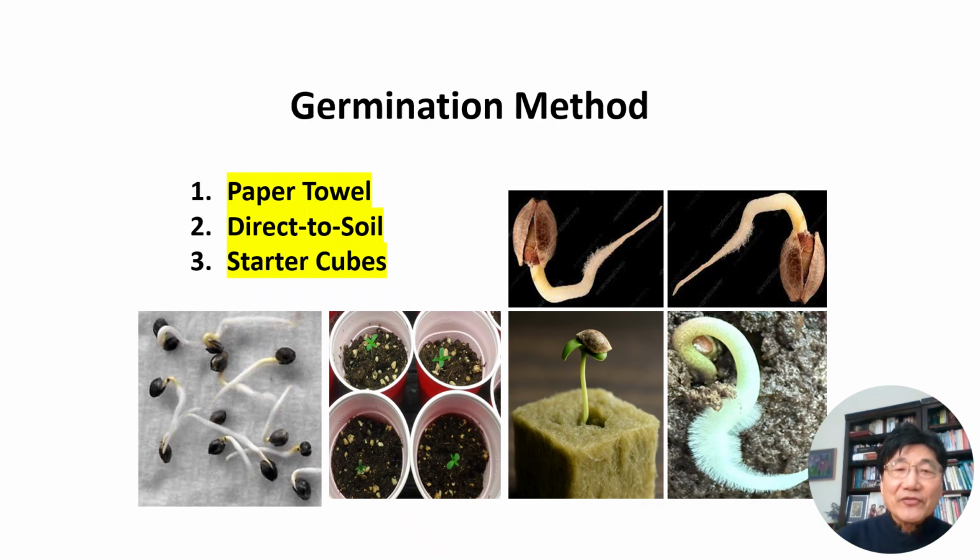The final method is using starter cubes. Starter cubes give the ideal environment for cannabis seed germination, especially in hydroponic setups. Soak starter cubes in pH balanced water until fully saturated.